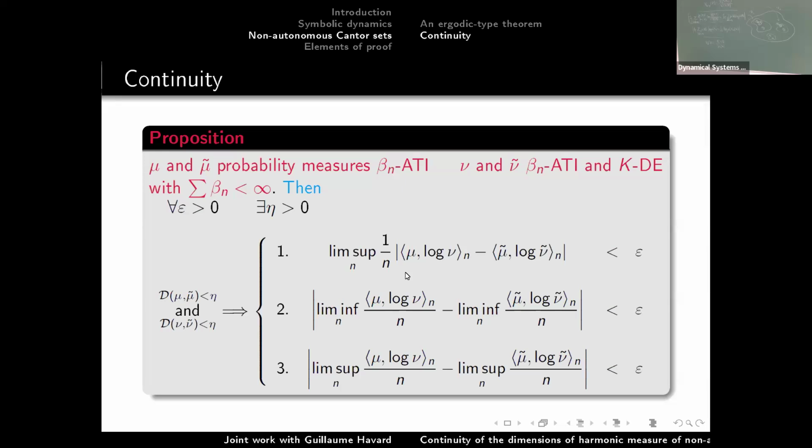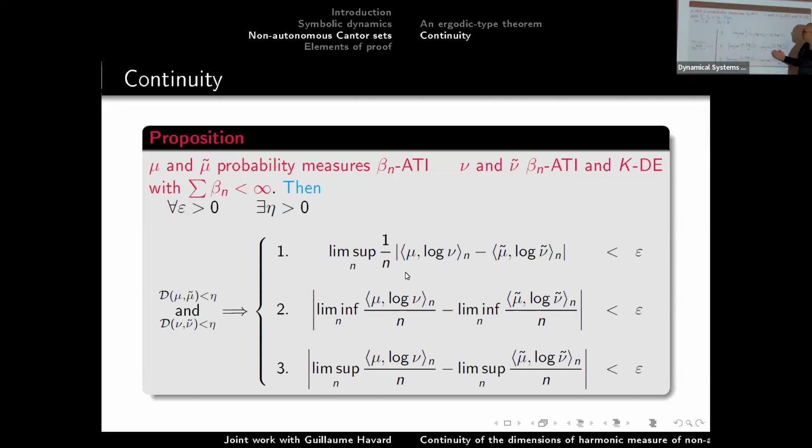If you have measures that satisfy the condition we said before, that is the almost Markov property, and if they are doubling, then the entropies are close, the difference to the entropies of the, how to say, the nth stage, the nth step entropies go to 0.